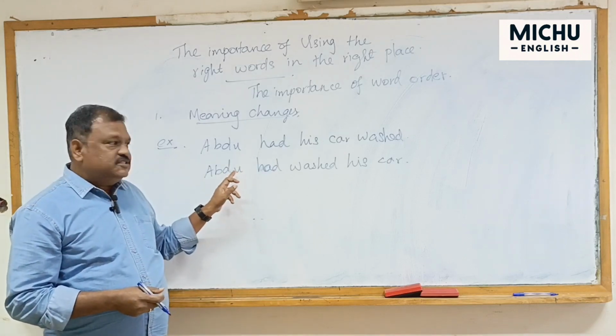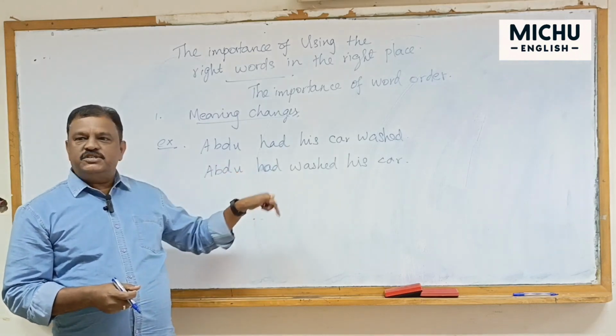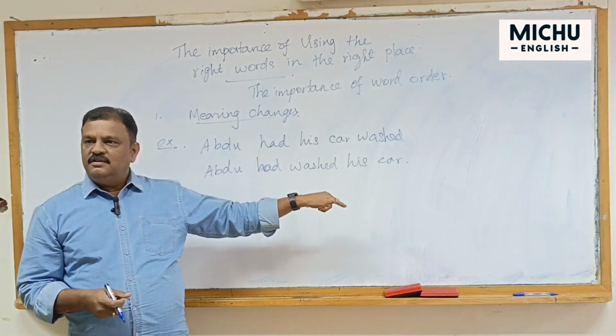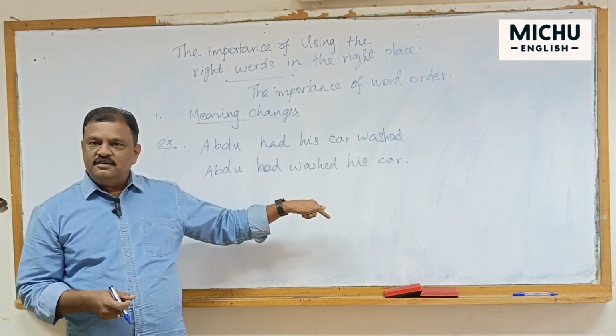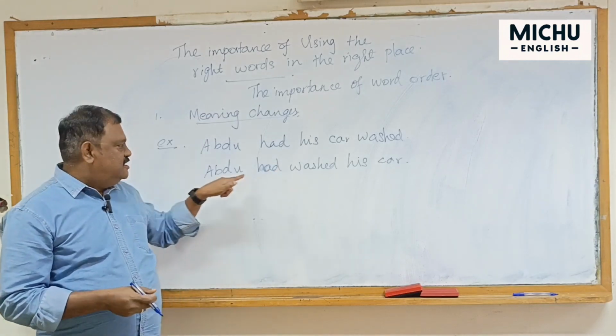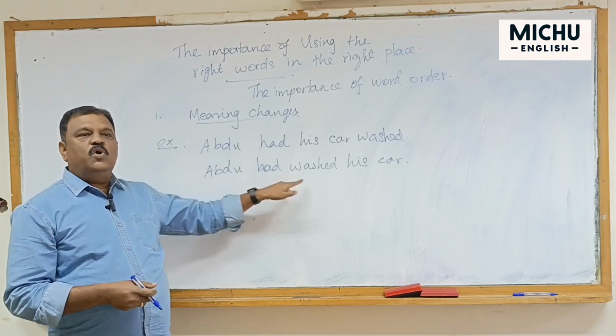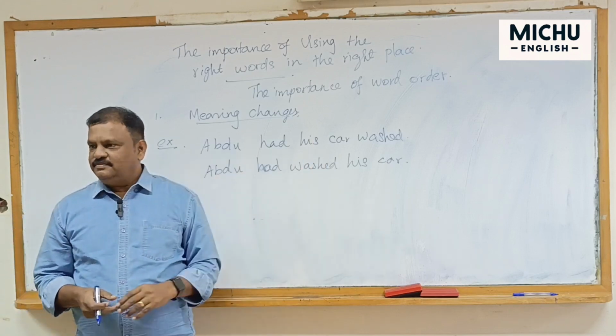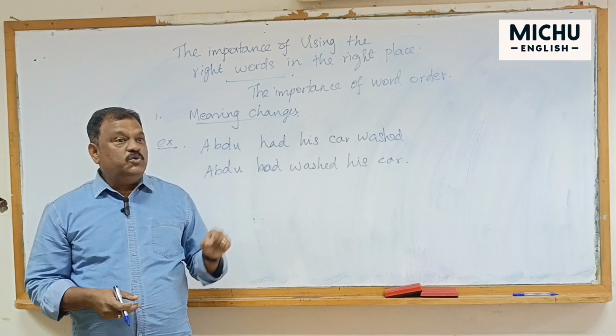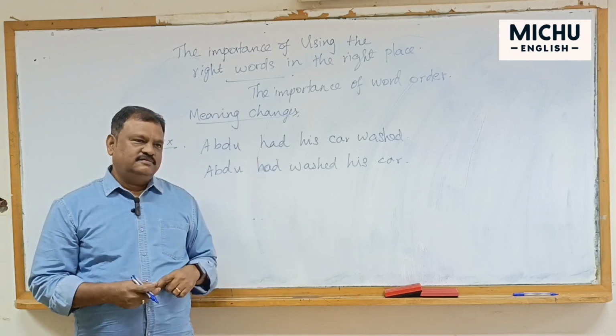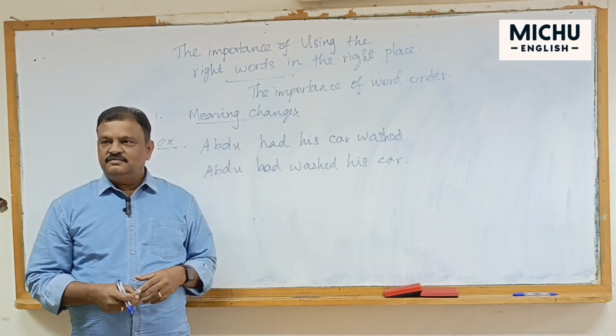In the second sentence, Abdu had washed his car, this means it is Abdu who washed the car, not somebody else.